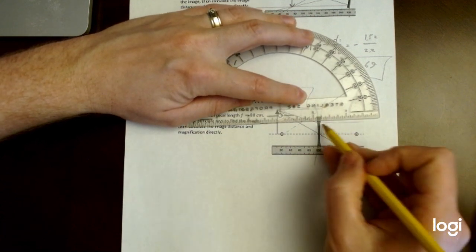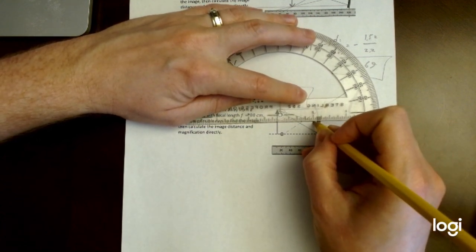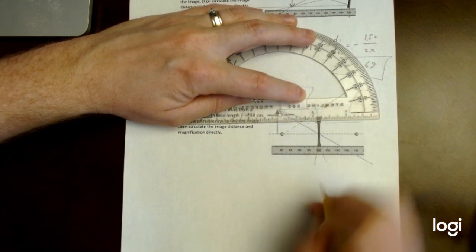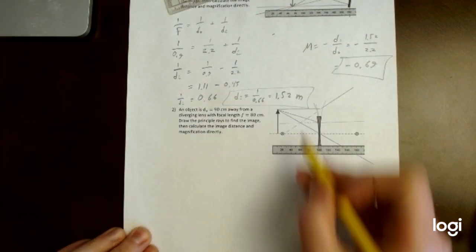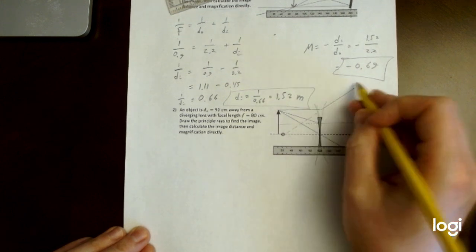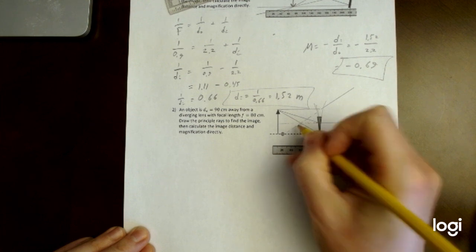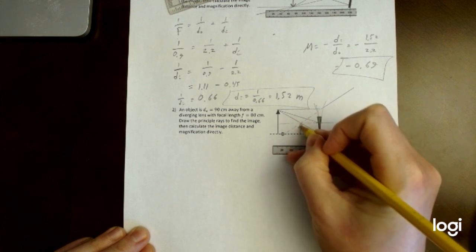Of course, I'm going to then make this a dotted line going this way here, and see that all three of these rays, which are diverging on this side, would have converged on this side. So this is where the image is going to form.